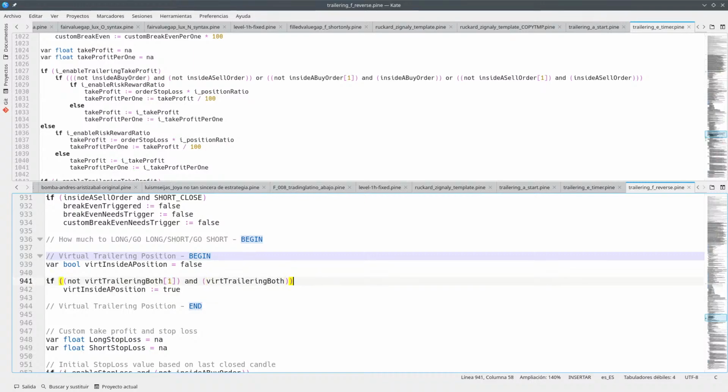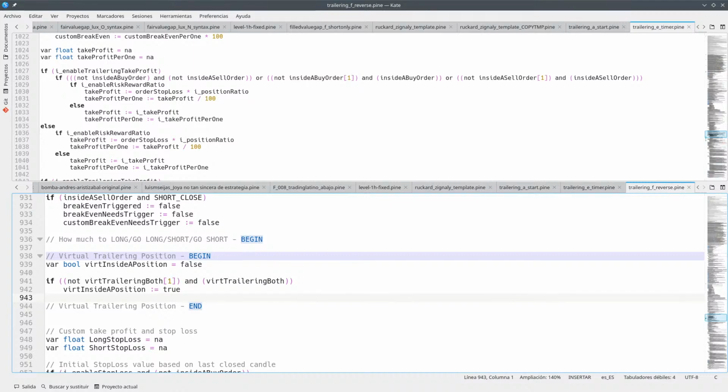If you were not in a position, and you trigger this, then it means that you are inside the position. That's more or less what it means.